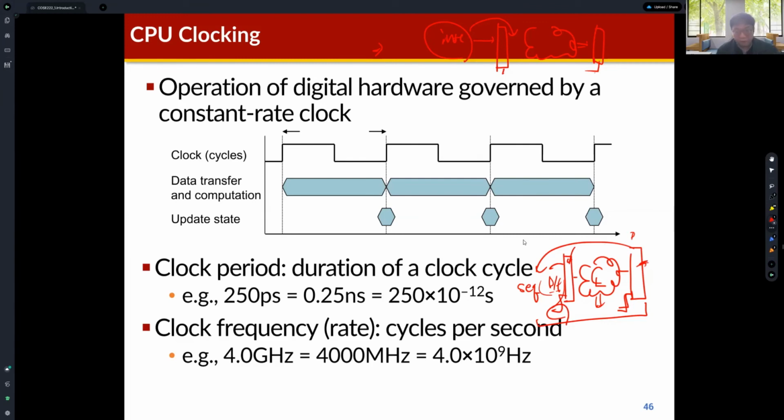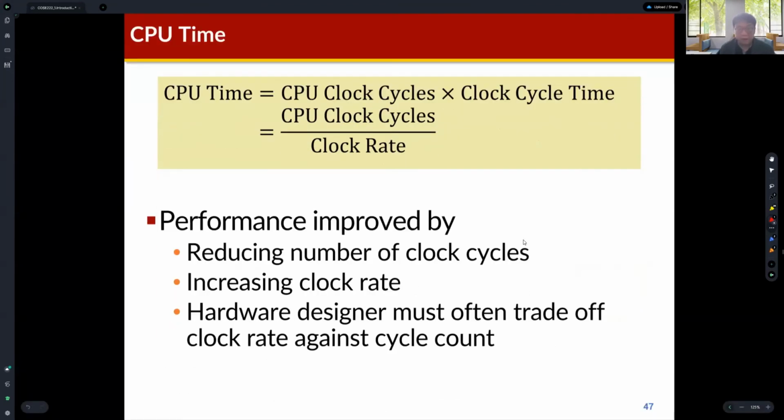Okay, so I explain here. What is the definition of the CPU time? It's the execution time of an application in a processor, and this execution is not interrupted by other components or interrupts. Then how can you measure this execution time?